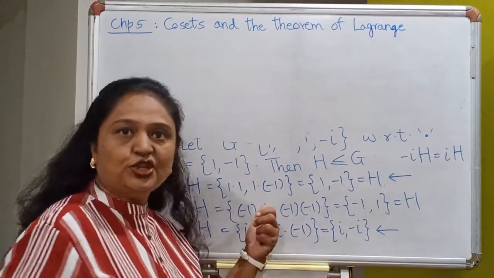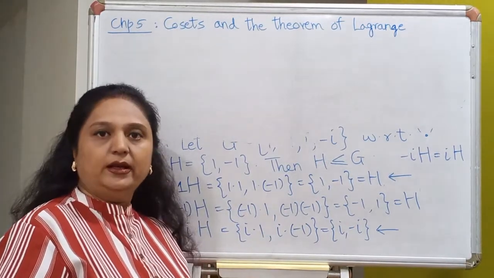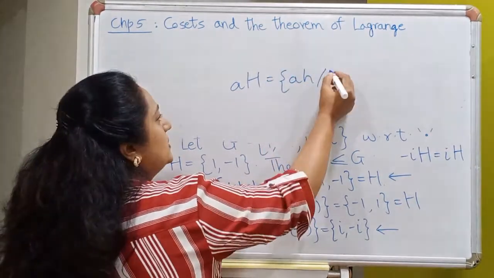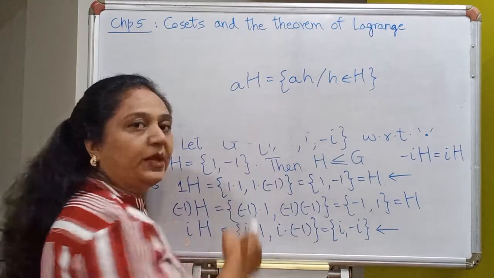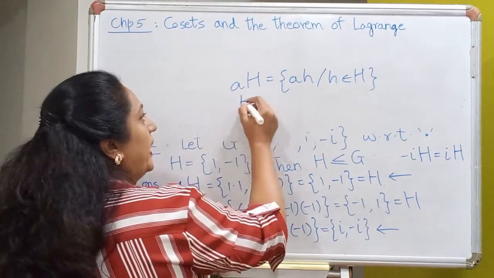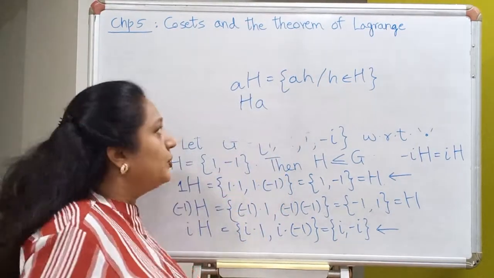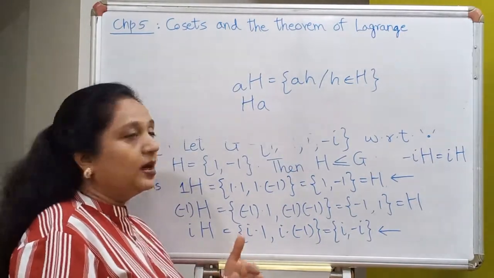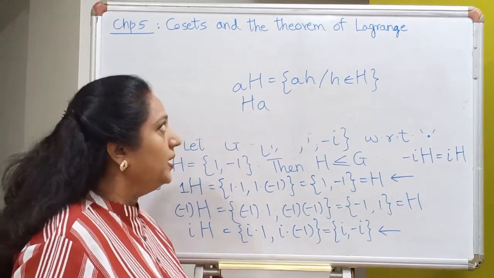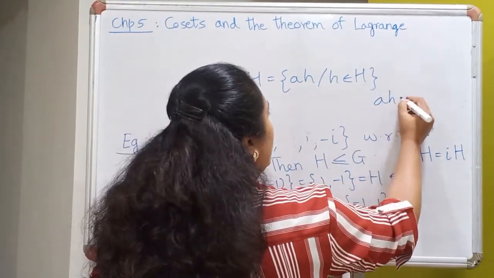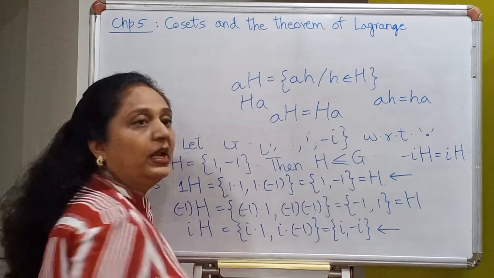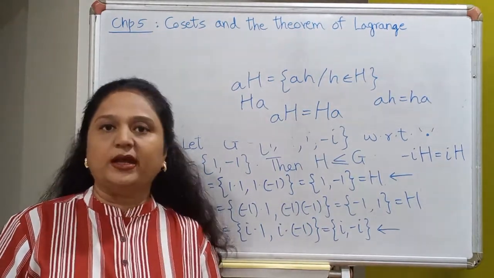By the way, I must mention over here that if your group is abelian, then this contains elements which are obtained by multiplying every element of the subgroup H from the left by A, whereas in the right coset, you multiply every element of the subgroup H from the right by A. But if the group is abelian, whether you multiply A from the left or from the right, A into H is going to be the same as H into A. So if the group is abelian, every left coset is equal to the corresponding right coset.